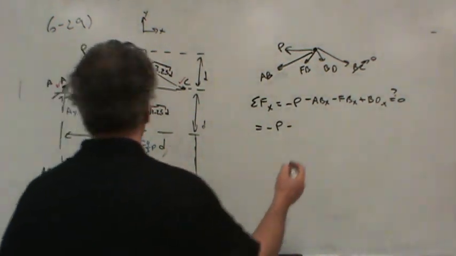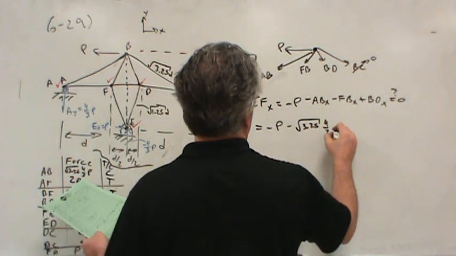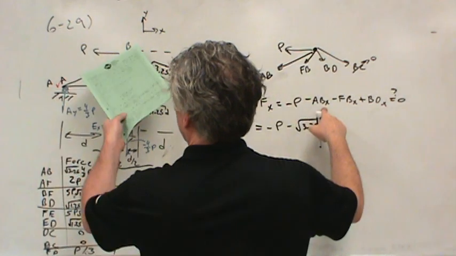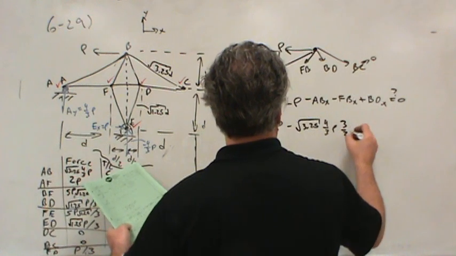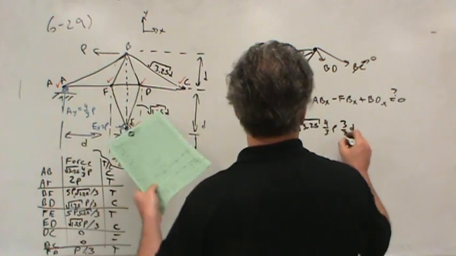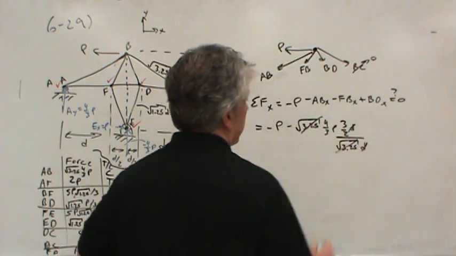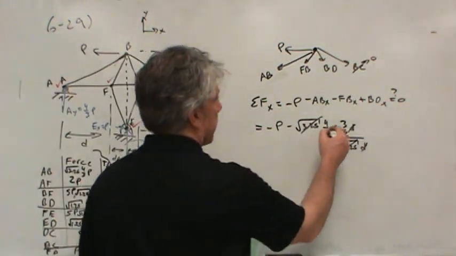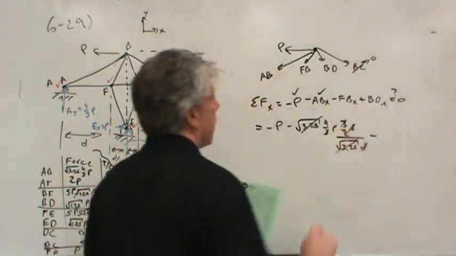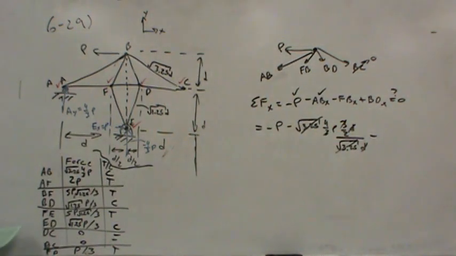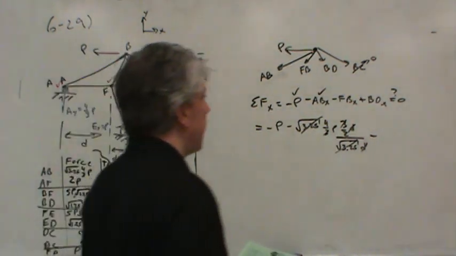Well, AB is root 3.25 4/3 P, but we need the horizontal component of AB, and that would be 3/2 D over the hypotenuse, so root 3.25 D. The D's cancel, 3.25's cancel, and the 3's cancel. And so far we've taken care of those terms. So minus FBX. Well, FB, we know what it is. Same thing as BF, 5/3 P root 1.25.